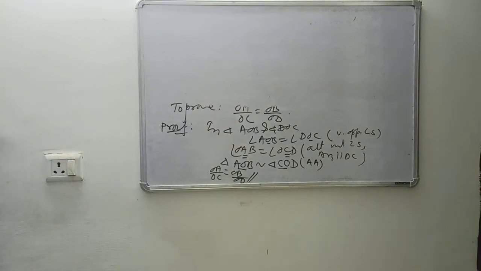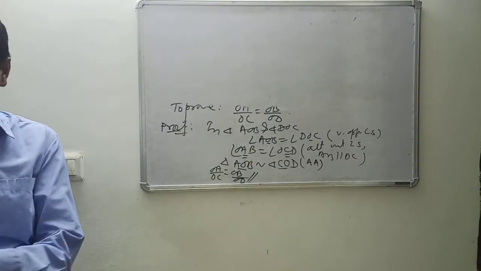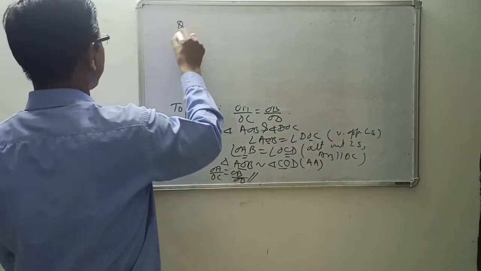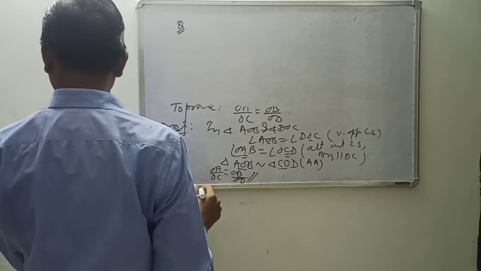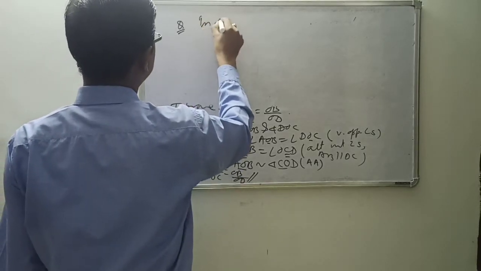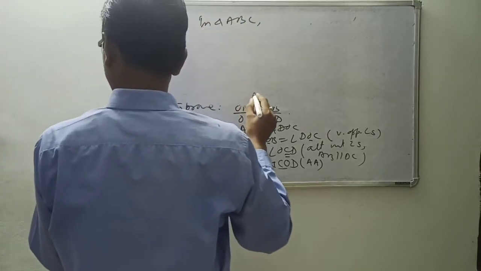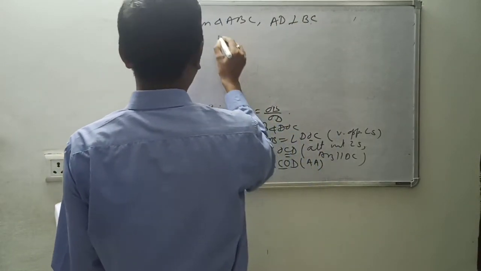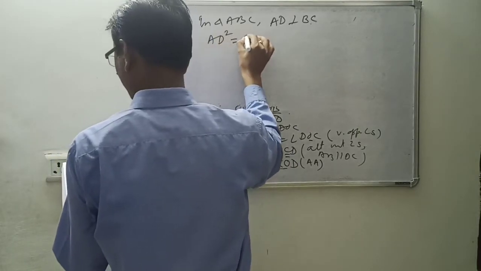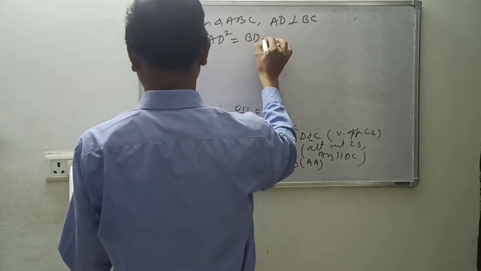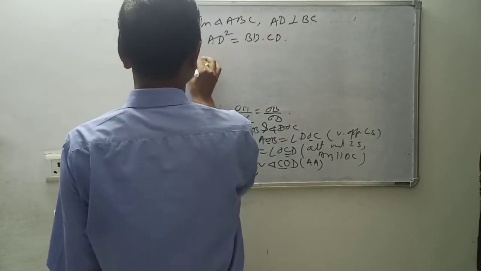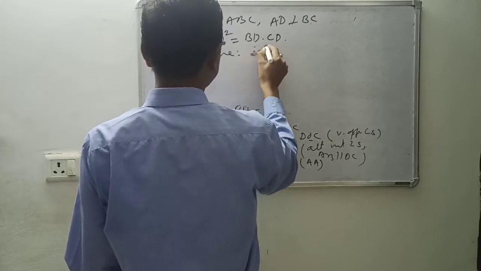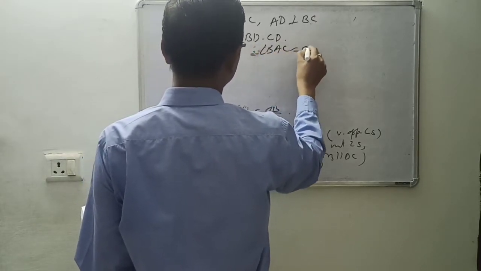First see, in the given figure, in triangle ABC, AD is perpendicular to BC and AD square is equal to BD into CD. Then you have to prove angle BAC is equal to 90 degrees.